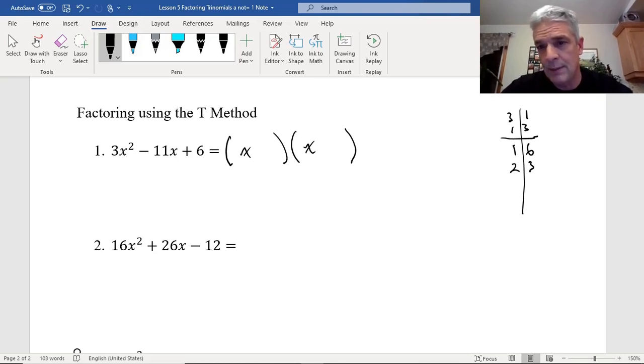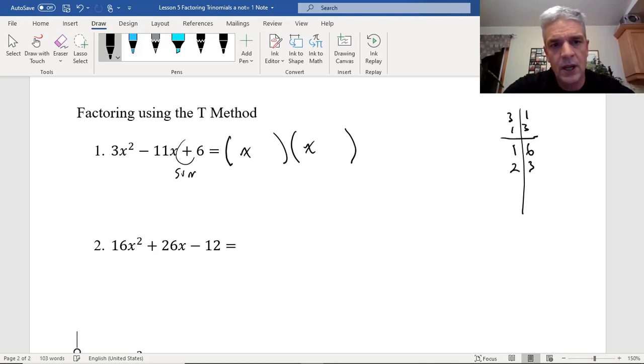We do not have to write both options for the second one. We could write both options for the second one, and then we wouldn't have to for the first one, but we usually just write both ways for the first, the A value, and then for the C value we just write one way. Then we look at the sign here. This tells us that it is a sum, so we're looking for a sum of 11.